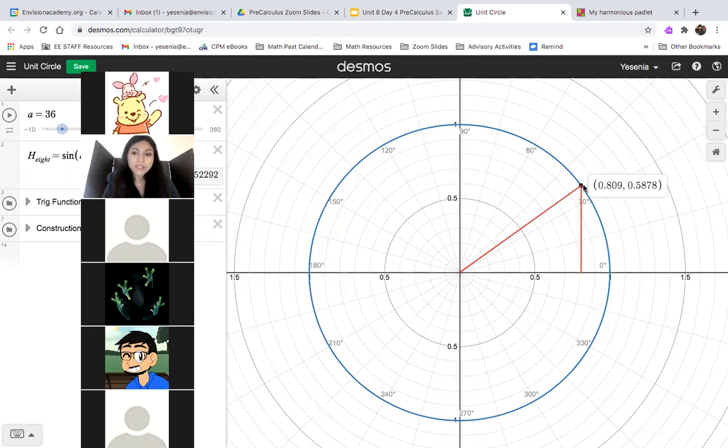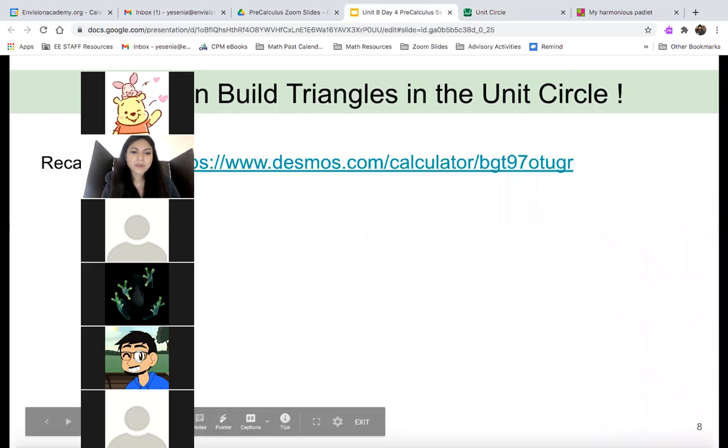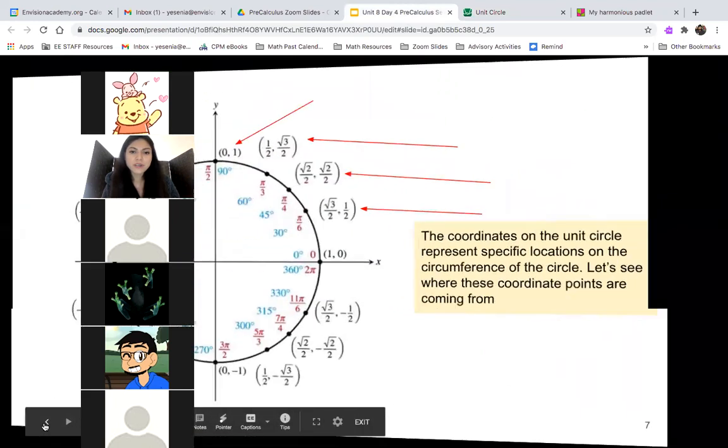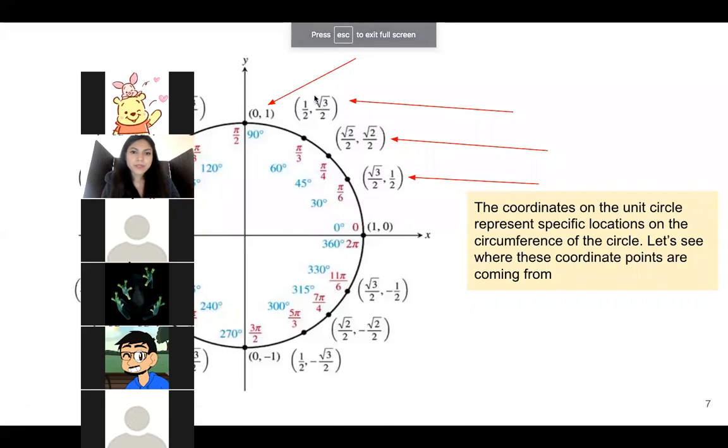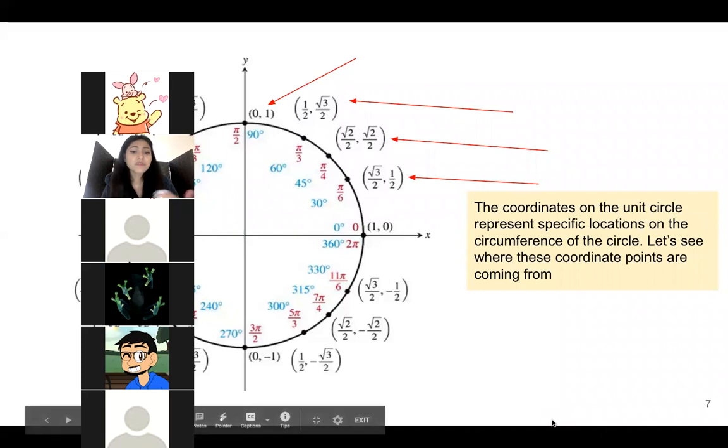These coordinates in decimal form are equivalent to the coordinates you would see on the unit circle on our slide, except the coordinates on the unit circle are in fractional form, see? So if you use the tool and click on it, it's going to give you the decimal form of those coordinates, which right here are in fraction form.